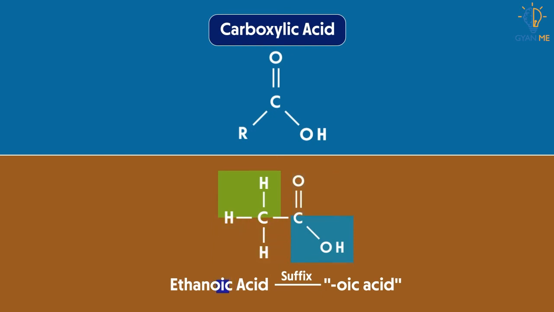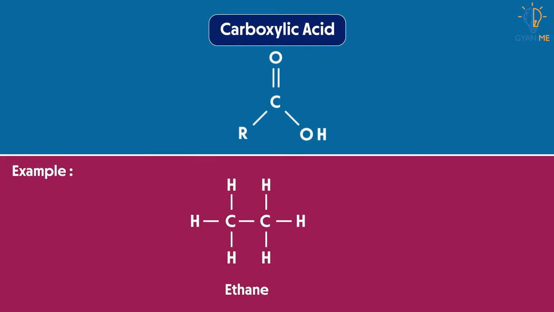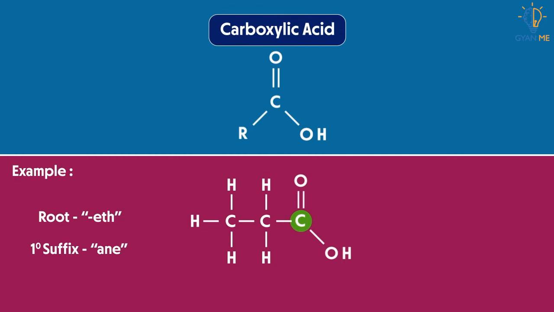chain name. If this is the compound ethane, as you can see, it has 2 carbon and all single bonds. So the root is eth and suffix -ane. Now here, if this H is replaced by carboxylic group, here as you can see 1 carbon has increased.